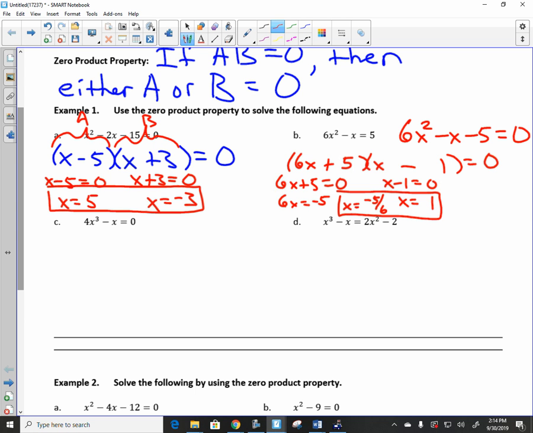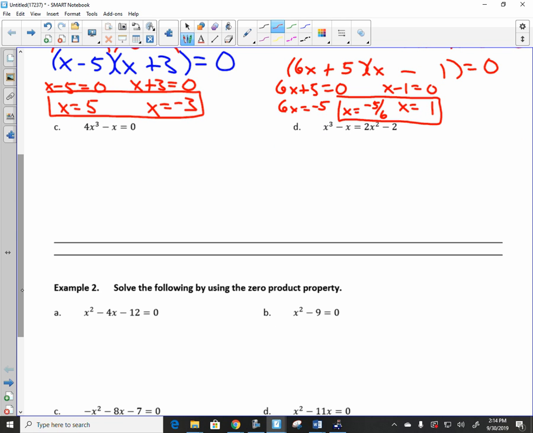How is letter C different? It's cubed, so how many solutions do I have? 3 solutions. That's called the fundamental theorem of algebra. The degree tells us the number of solutions. This doesn't look like the others for factoring. There's only 2 parts. How do you start factoring this one? How about I look for a greatest common factor?